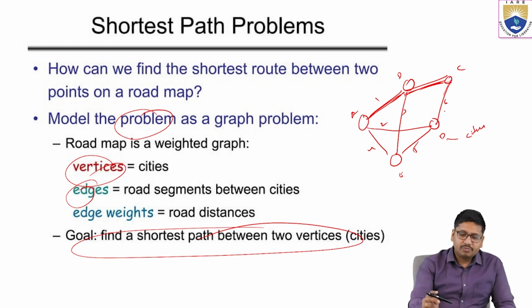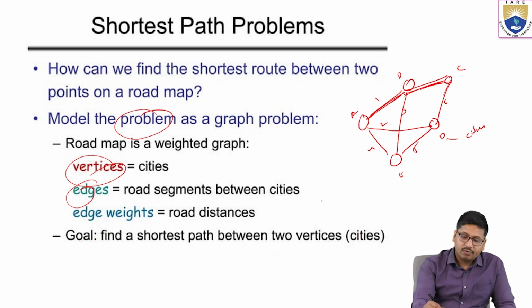Let me explain this. If I want to reach from A to B, one option is the direct path. Otherwise, I can also reach from A to E and then E to B, but that would cost around 4 plus 3.